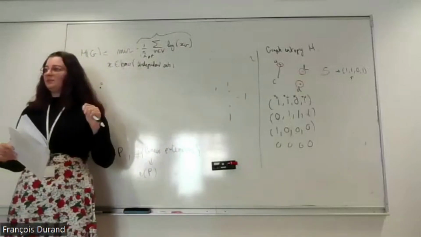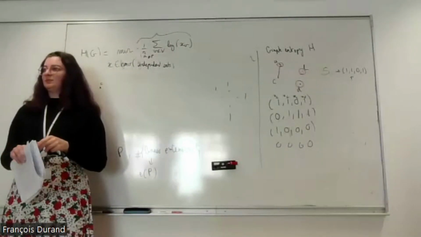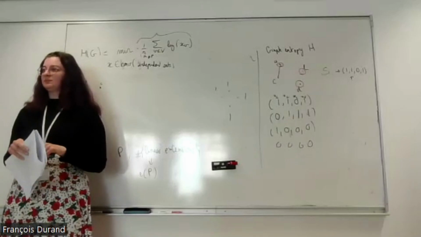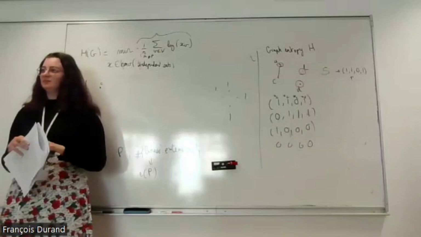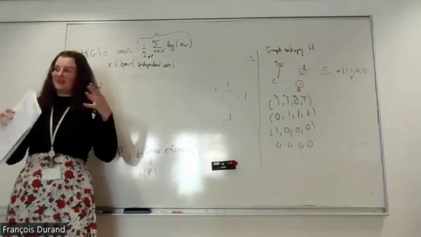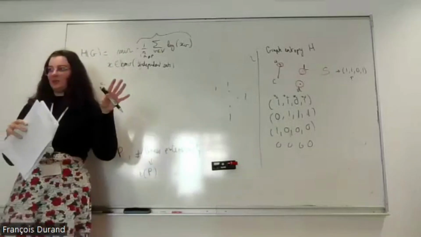Okay, but the graph is not a random graph here, so it's a deterministic graph. Yeah. And so I don't see the connection between the entropy of a random variable and the entropy that you defined here. I haven't read all the bibliography, but I know that they had a random variable.